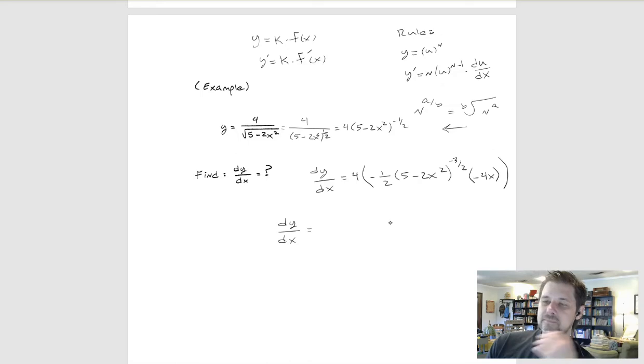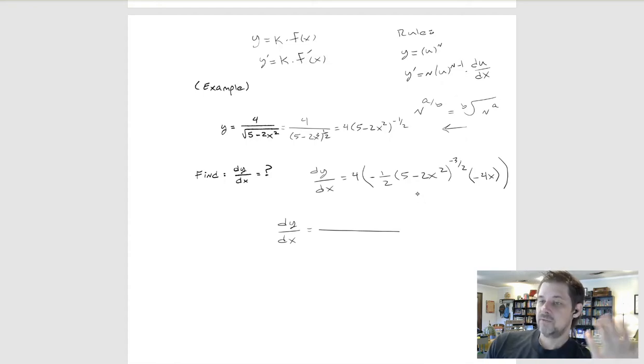All right. So to simplify this, I'll try to combine and cancel in any way that I can. I'm going to kind of divide it up because some of this stuff is above the fraction bar and some of it is below it.